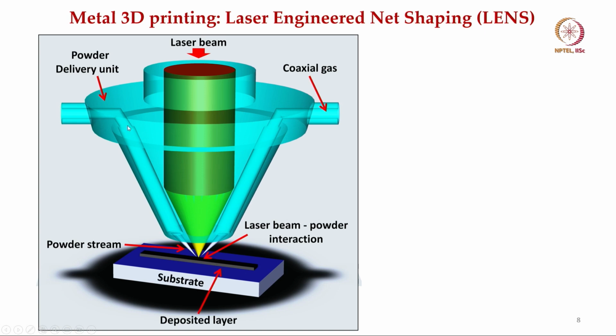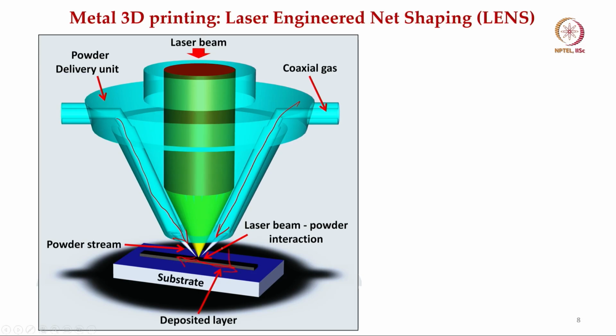So, this way powder is being delivered, this way powder is being delivered. Essentially this is the powder delivery pathway. Powder is delivered from both sides, and the laser beam is scanned in these directions.